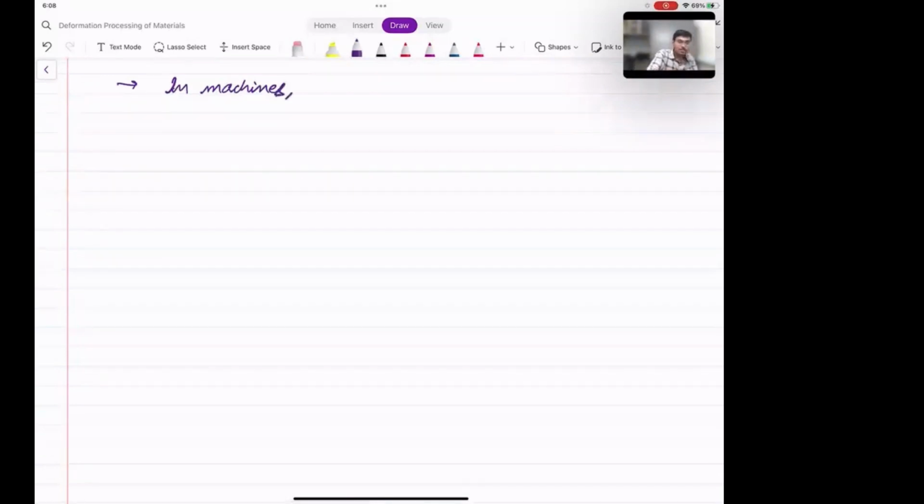If we apply pressure P by the machine, then the pressure which will be experienced by the sample will depend on the cross section of the sample.